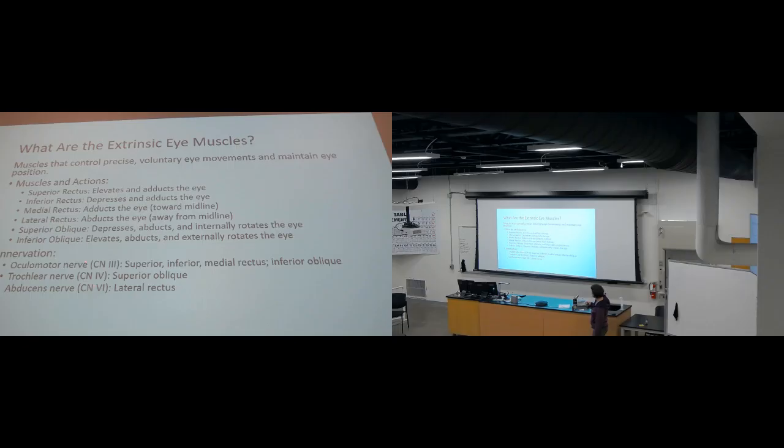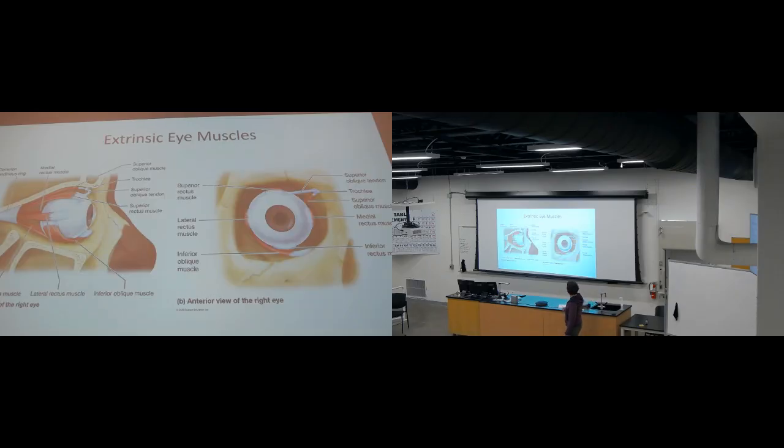And then trochlear, or cranial nerve number 4, innervates the superior oblique, while abducens, or cranial nerve number 6, innervates the lateral rectus. Remember, abduction is moving something away from the midline. So lateral rectus, moving our eyes to the sides away from the midline, will be by abducens nerve, which abducts the eye. So these are the innervation of these muscles.